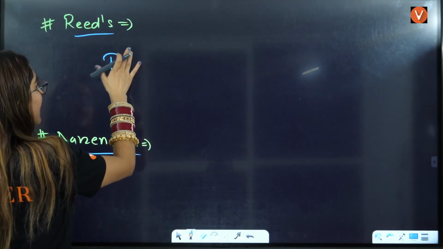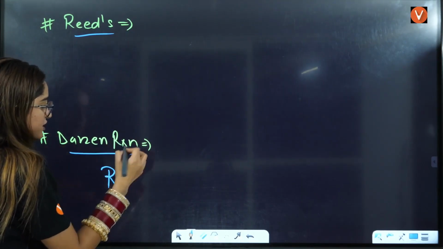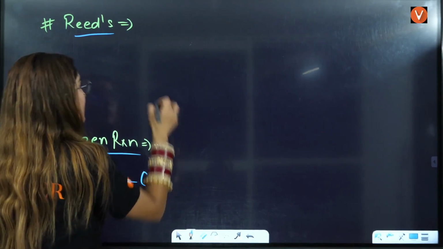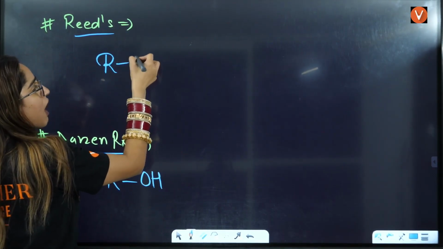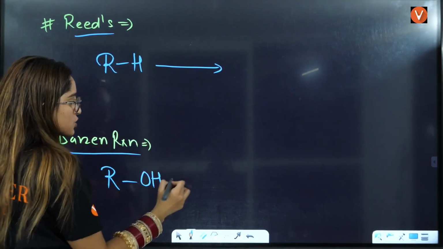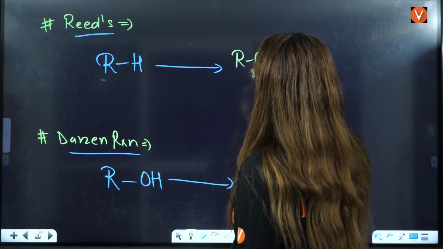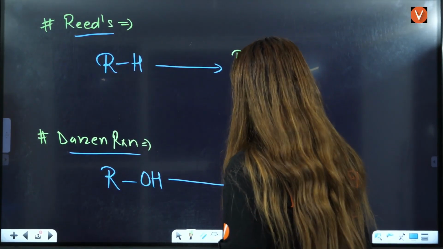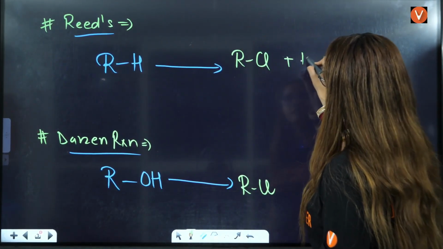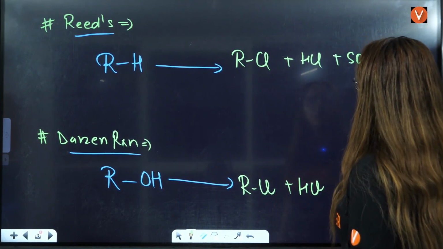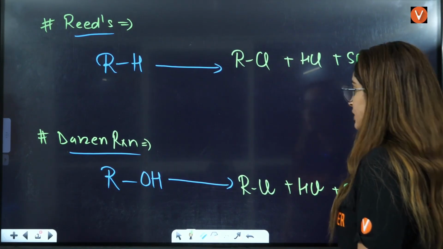So in Darzens reaction, you have ROH here, right? And in Reed's reaction, you have RH, right? So in both the cases, you will have the formation of RCl, you will have HCl, you will have SO2, right?